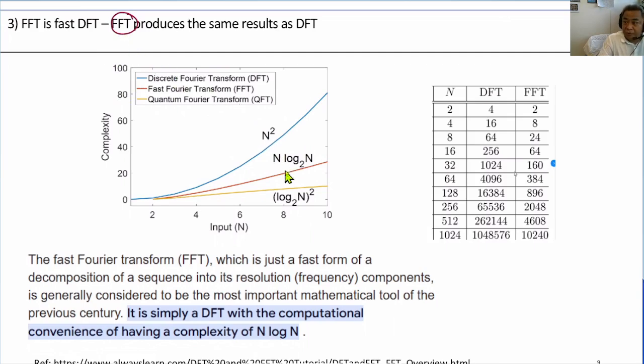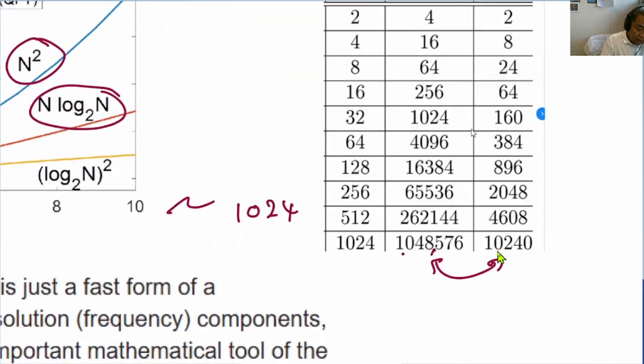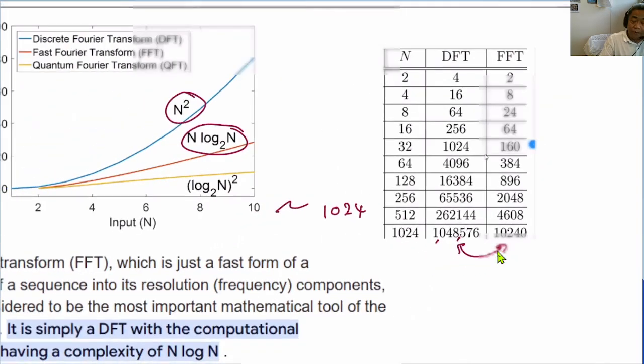The fast Fourier transform uses N log N operations, while the brute-force DFT uses N squared operations. When the input N is in the region of 1024, the saving is tremendous. The computation required for the FFT is only about 10,000 operations, while the DFT needs about a million operations, just for a small value of N equals 1024.